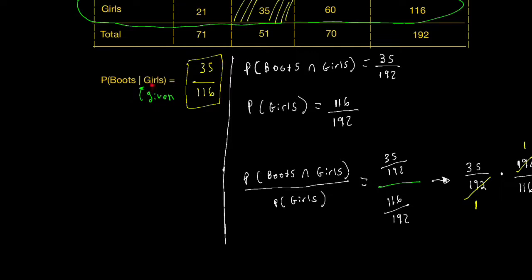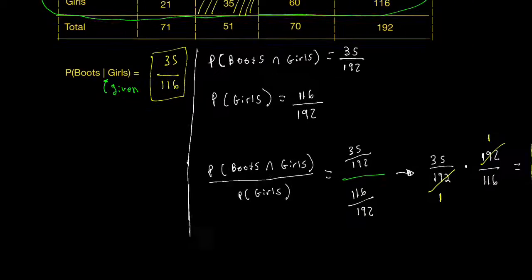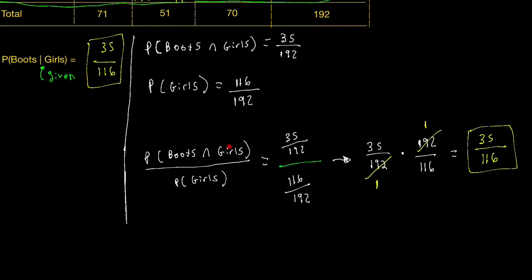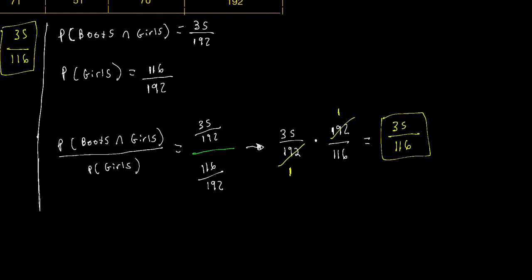So the probability of boots given girls was equal to 35 over 116, but at the same time, the probability of boots and girls divided by the probability of girls gave us the same result.